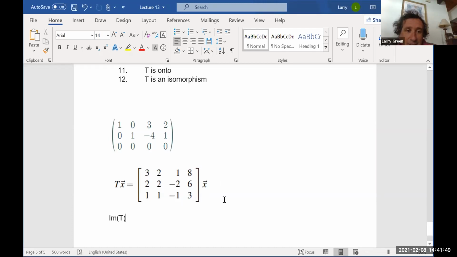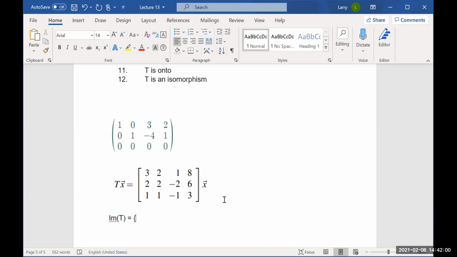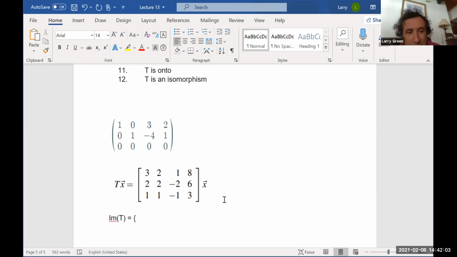So in particular, again, we've done all the work. It's going to be 3, 2, 1, 2, 2, 1. Because you can always take columns from the original matrix that are pivot columns, and that will give you the image, and the kernel.